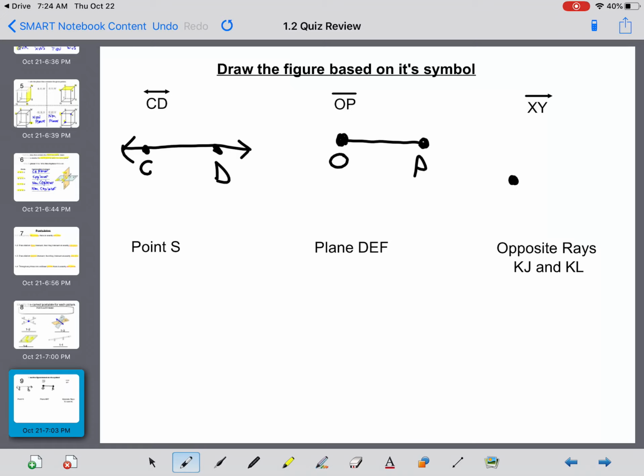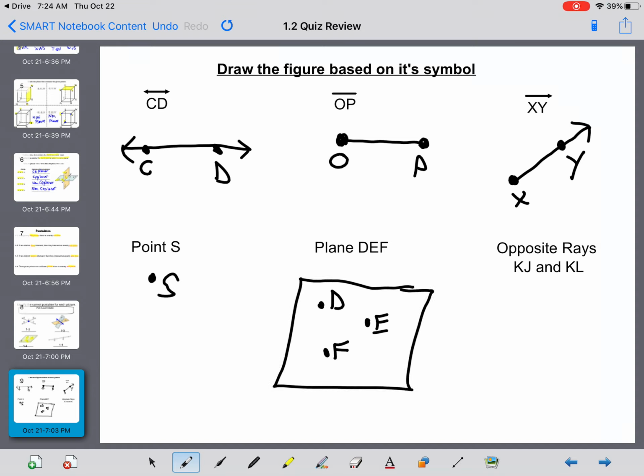Ray XY, we can have point X and point Y, and the arrow goes through Y. Point S, easy enough. Plane DEF, D, E, remember they have to be non-collinear, F.